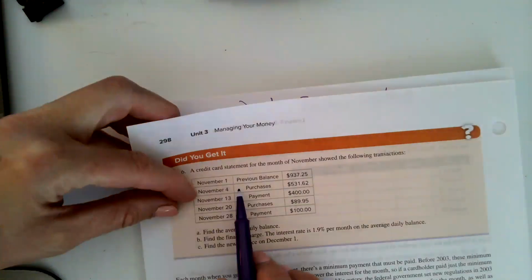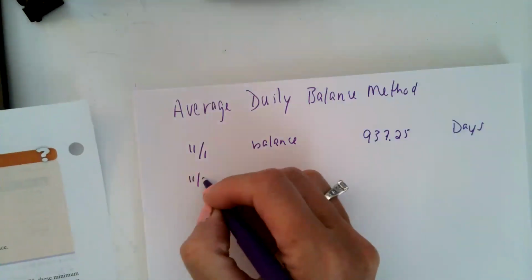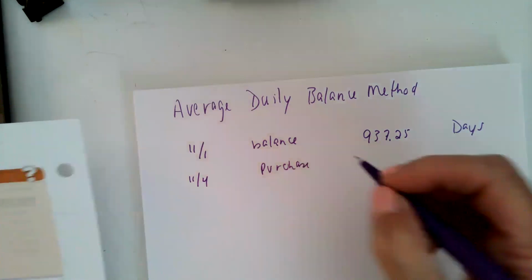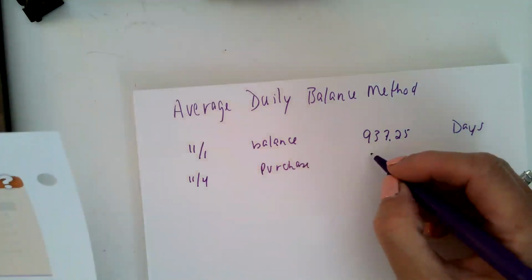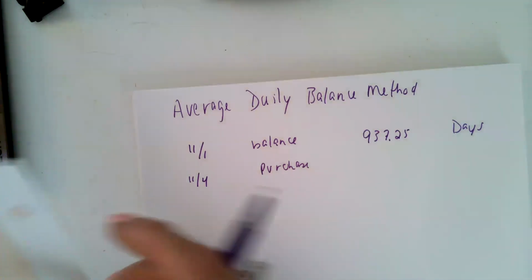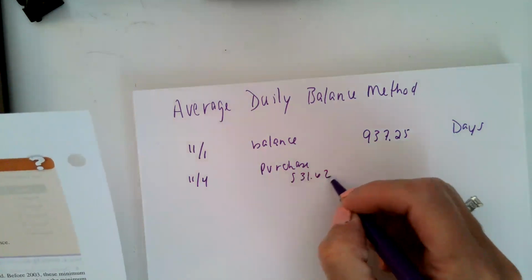Okay. So November 4th was the next time something happened, and what happened was it was a purchase. So November 4th, so that's going to be 11/4, and that was a purchase, and so that was $531.62.